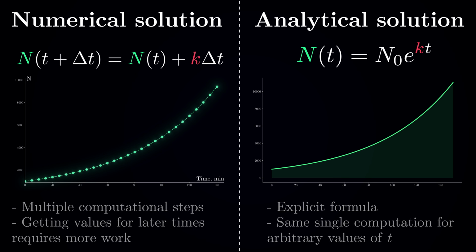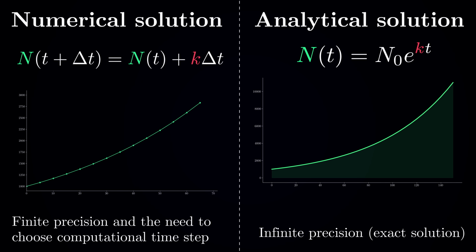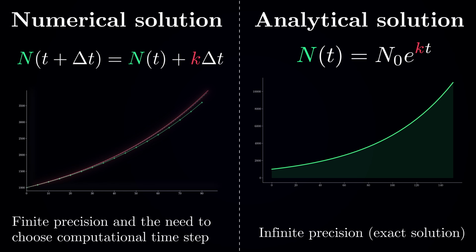Another crucial aspect is the finite precision of our method. In our example, we used 5-minute steps, but for greater accuracy, we might need to decrease the step size, perhaps updating our estimate every minute or even every second. The more accurate we want our answer to be, the more computation it requires.